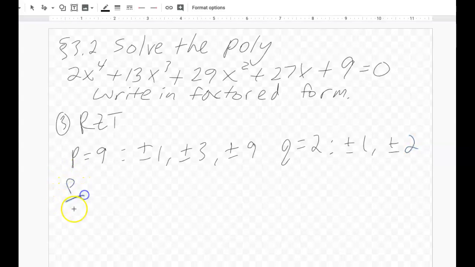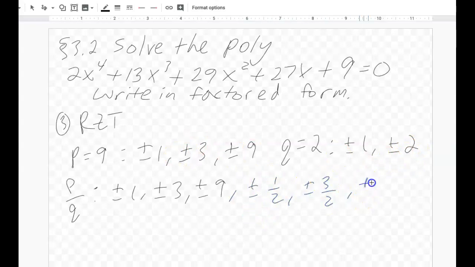When we look at the ratio of P over Q, I'm going to have plus or minus 1, plus or minus 3, plus or minus 9 all over 1. So I'll have all of these, and then I'll have all of these divided by 2: plus or minus 1/2, plus or minus 3/2, plus or minus 9/2.